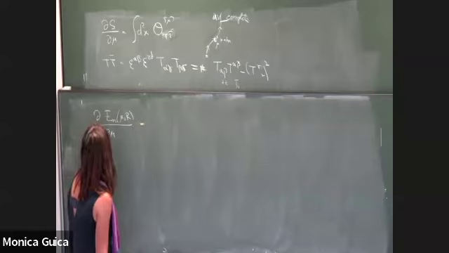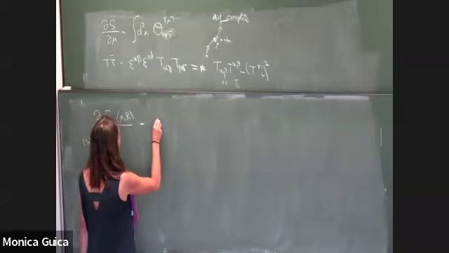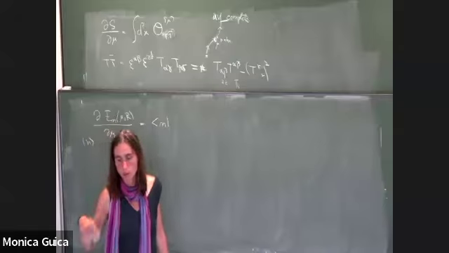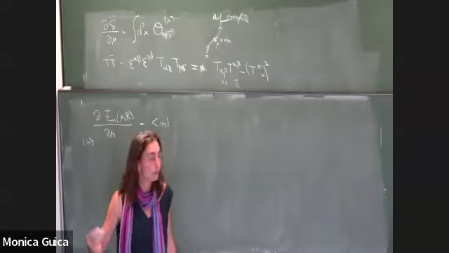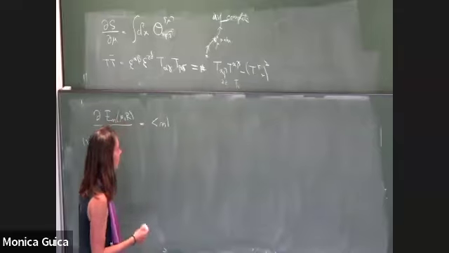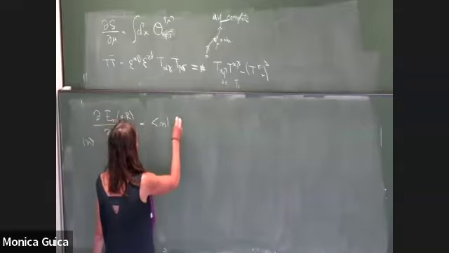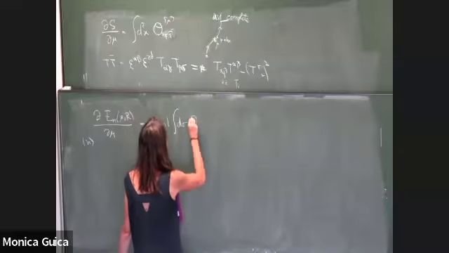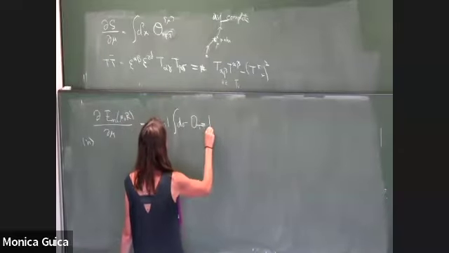Okay, so this, as you know, is just given by the expectation value of the deforming operator. So now I'm taking a Hamiltonian perspective. So I'm going to do a spatial integral of the TTbar operator.